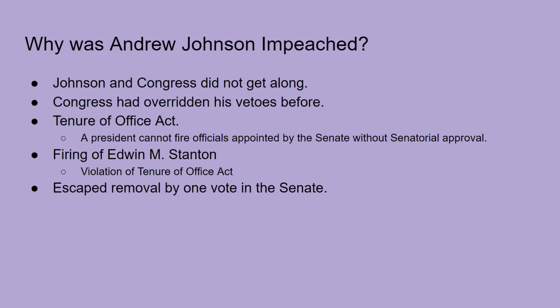Johnson and Clinton both escaped removal by one vote. Donald Trump, it was a little more of a margin than that both times. So Johnson, like Clinton, 130 years later, escaped removal from the Senate by one vote. That is how Andrew Johnson was impeached and why he was impeached.